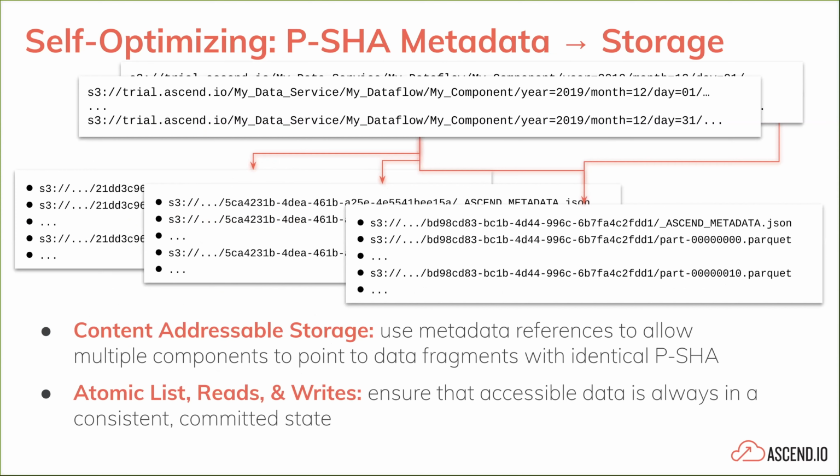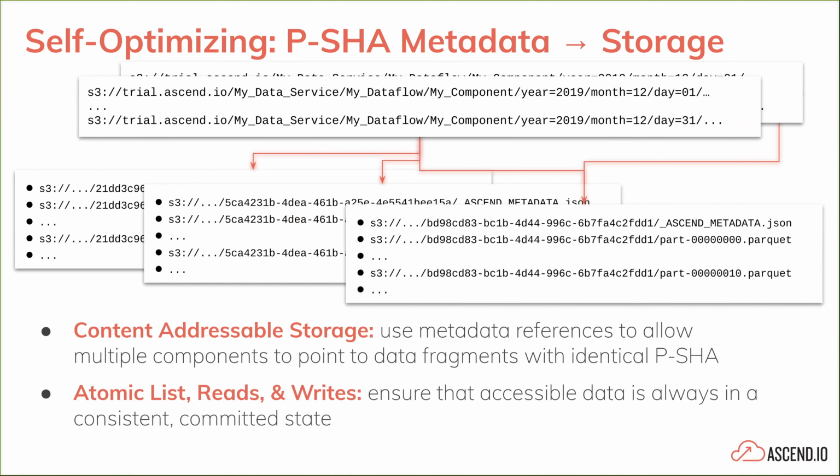And so part of that is using metadata to be able to point to the same fragment level without having to recompute anything, because the PSHAs give you this guarantee.